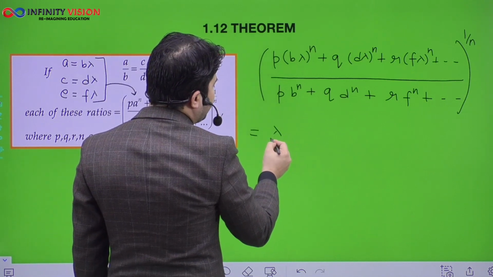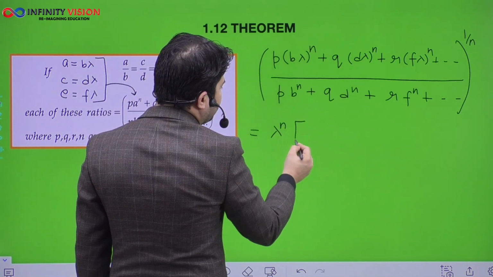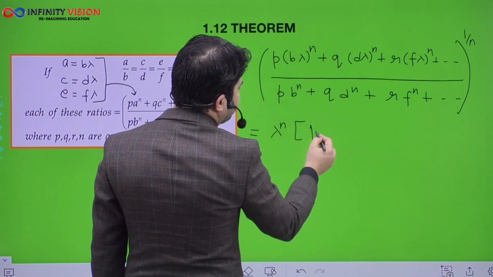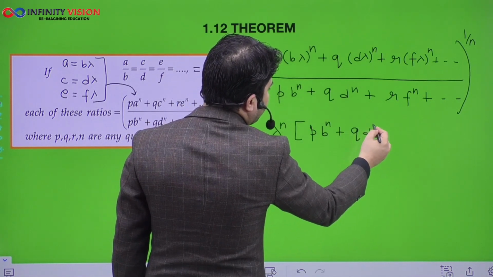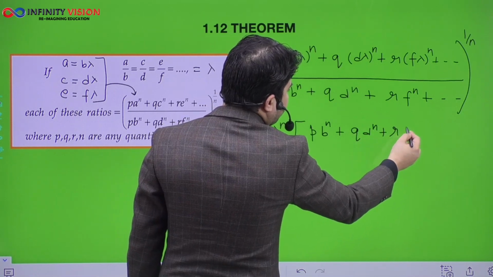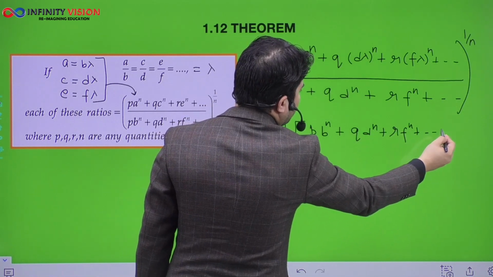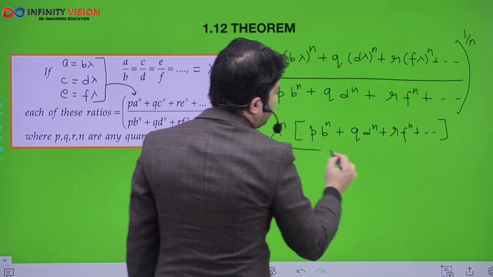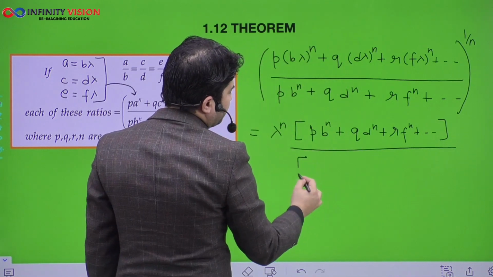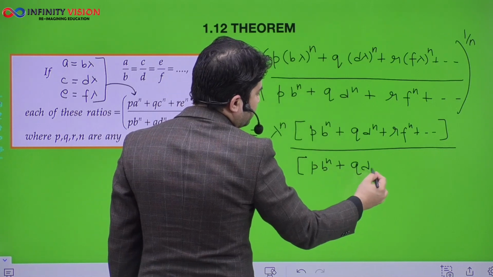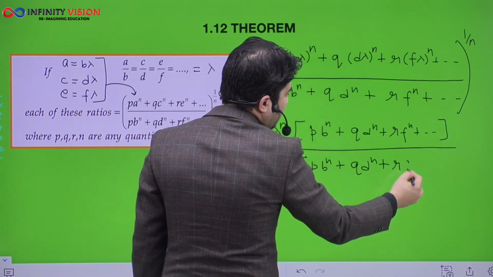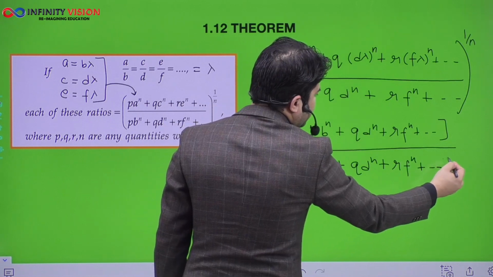So I'll take lambda to the power n common, and in the numerator you will be left with P b to the power n plus Q d to the power n plus R f to the power n, and so on, upon P b to the power n plus Q d to the power n plus R f to the power n, and so on.